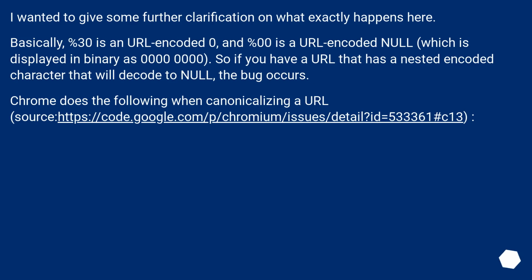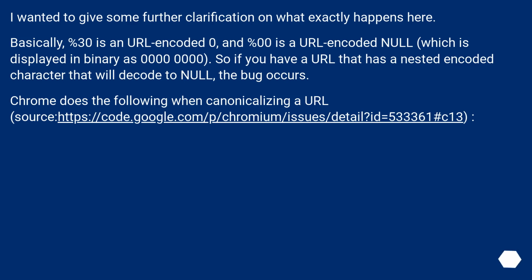I wanted to give some further clarification on what exactly happens here. Basically, %30 is a URL encoded 0, and %00 is a URL encoded null, which is displayed in binary as 00000000. So if you have a URL that has a nested encoded character that will decode to null, the bug occurs.